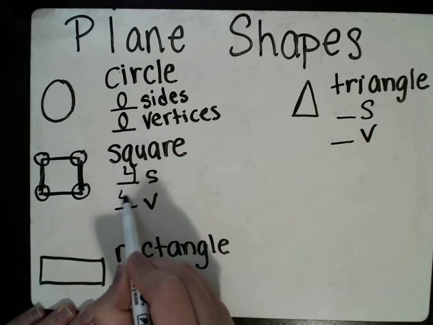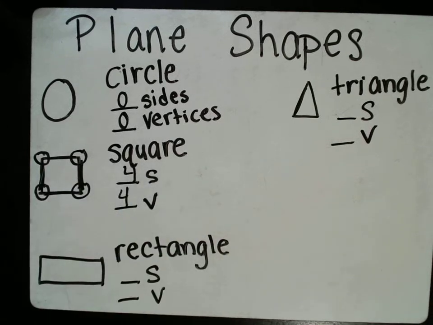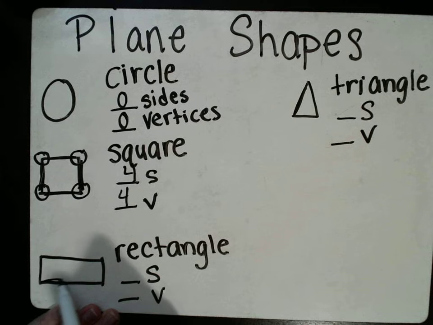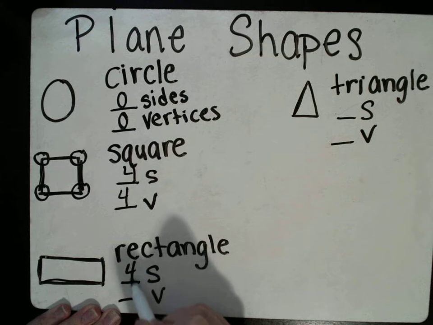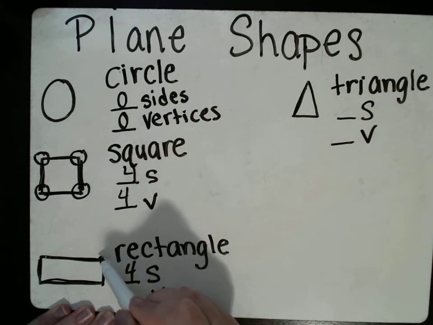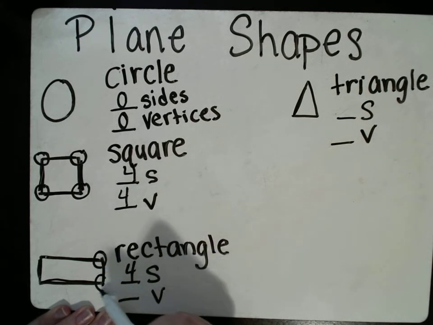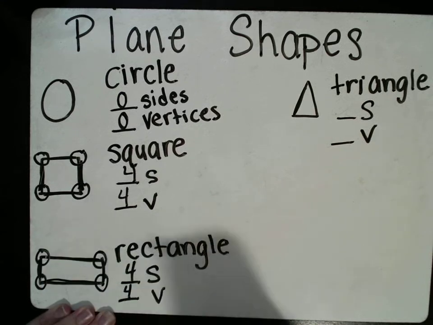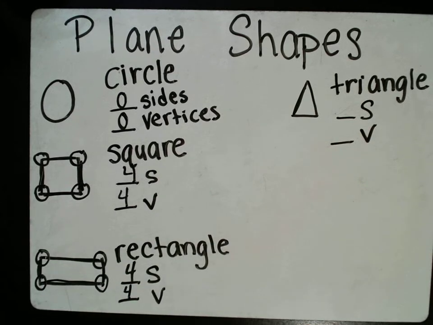So it has 4 sides and it has 4 vertices, the same number of sides as vertices. Let's look at our rectangle. We have 1, 2, 3, 4 sides. Let's count the points, the vertices. There's 1, 2, 3, 4. So we have, again, 4 sides and 4 vertices.